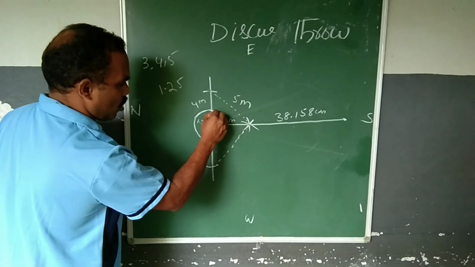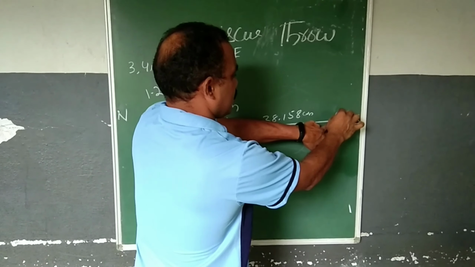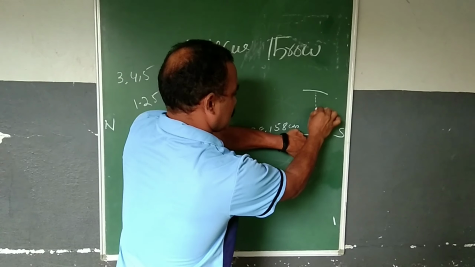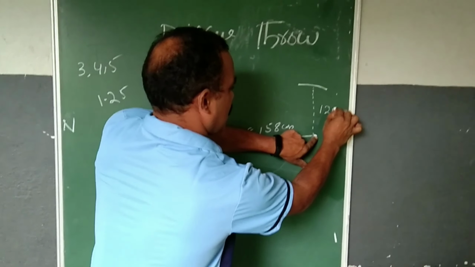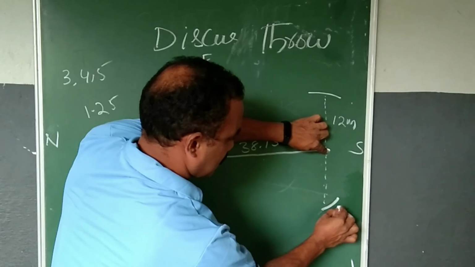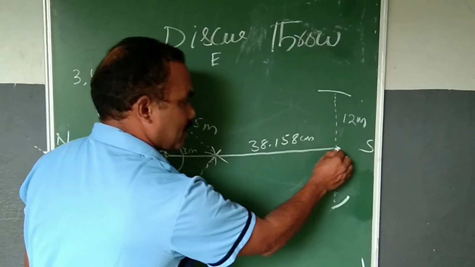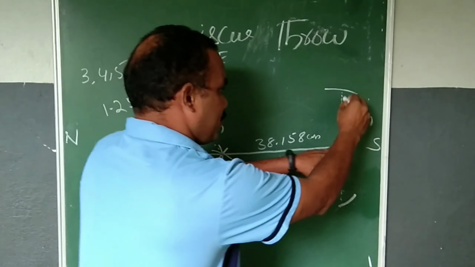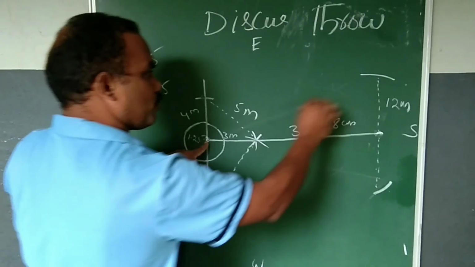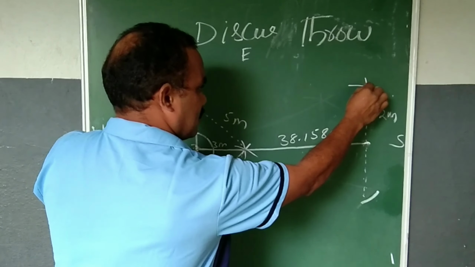So this is the diagram. From here to here go a 12 meter arc, and from here also a 12 meter arc, on the 38.158 centimeters line. From the center go for a 40 meter arc.